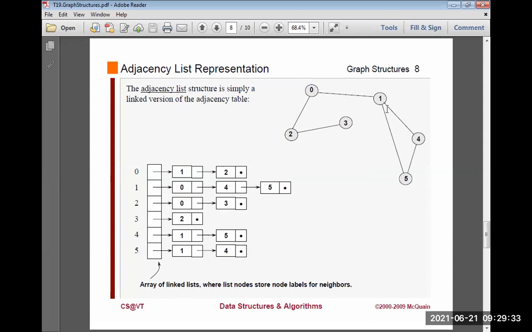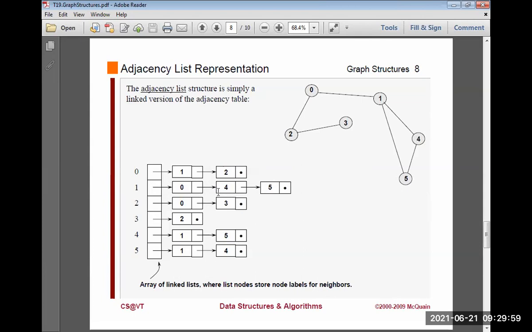Then consider 1. Just store in numerical order, in ascending order, from low to high you can store the elements. In alphabetical order you have to store alphabetically; in numbering, ascending order you can store. If you are considering 1, it has a path to 0, 4 and 5. So here 0, 4 and 5.